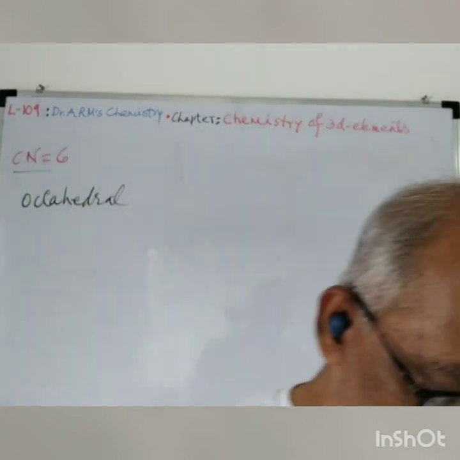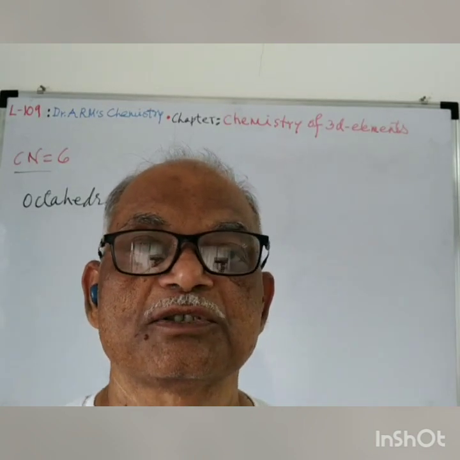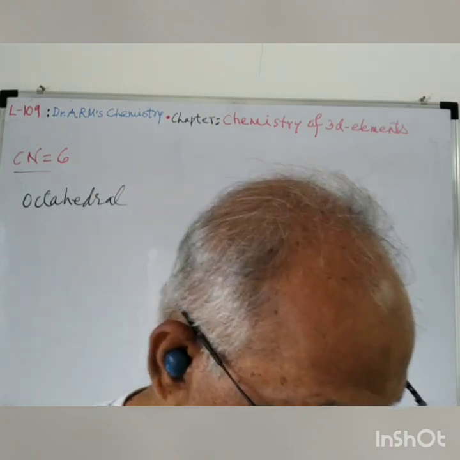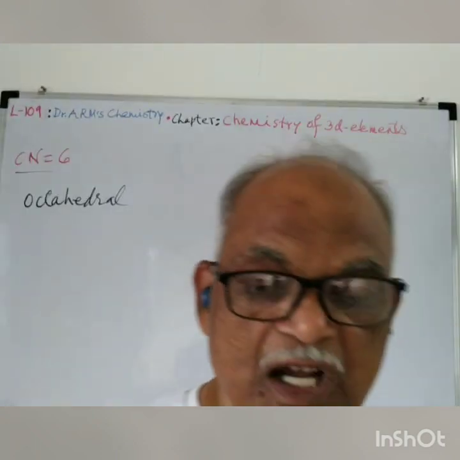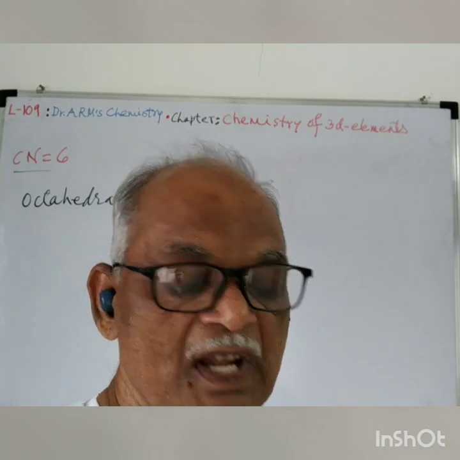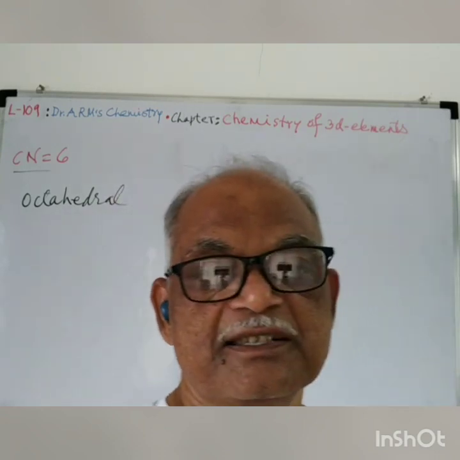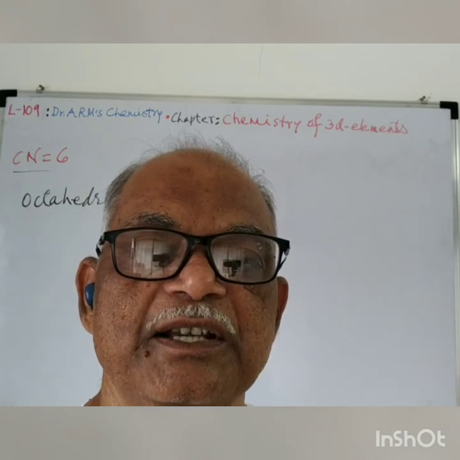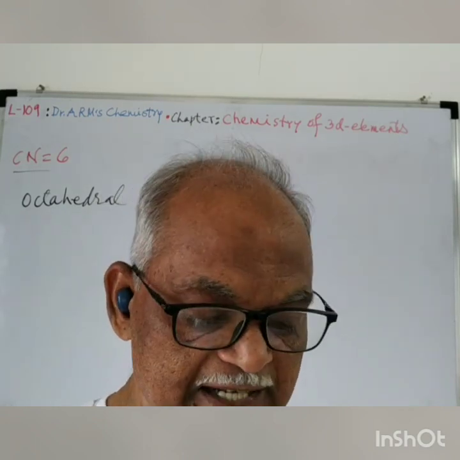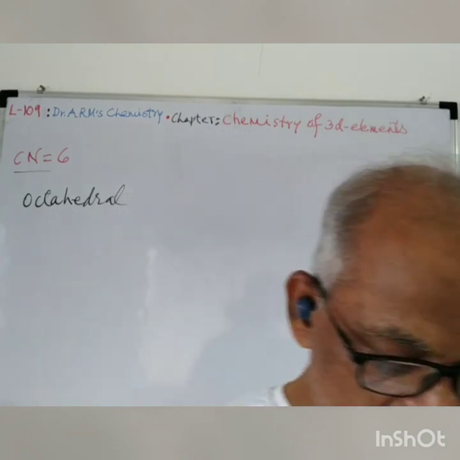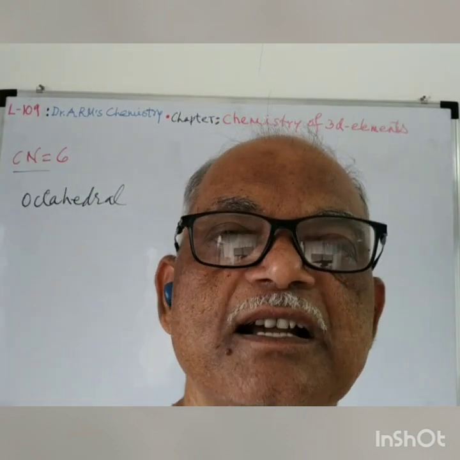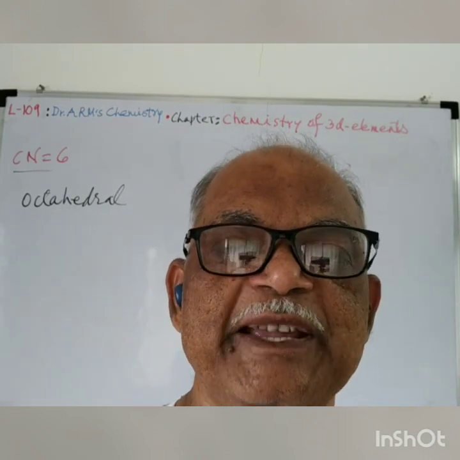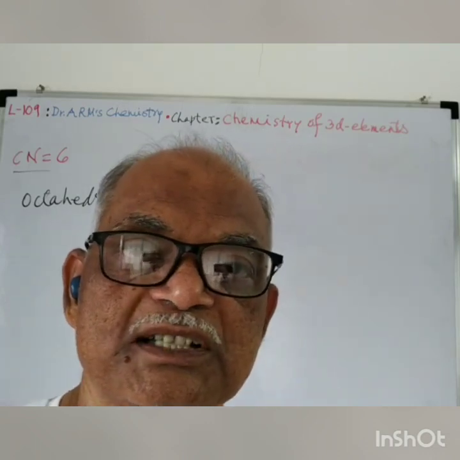This geometry is also supported by various experimental observations. Further, the VSEPR approach also shows that this geometry is especially observed for those metal ions where the ligands are easily accommodated around the metal ion and the metal d electrons are ignored.